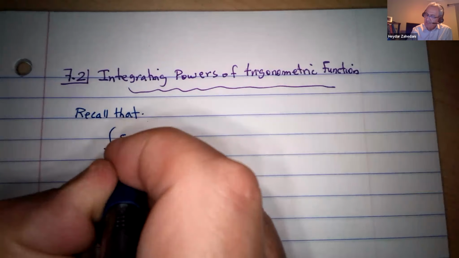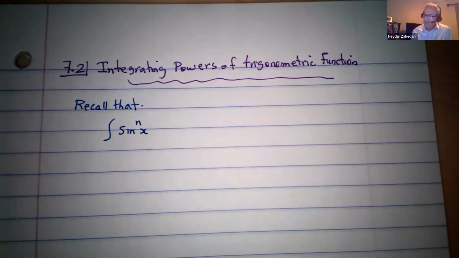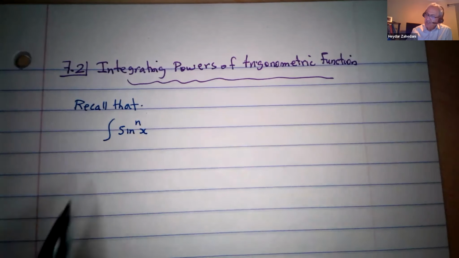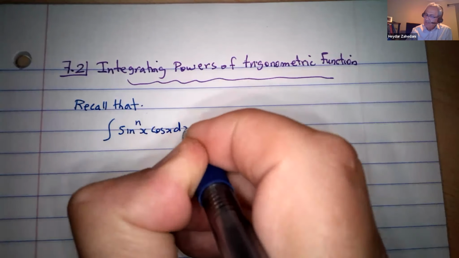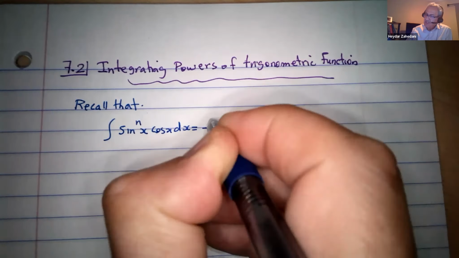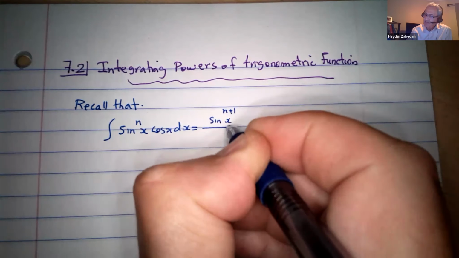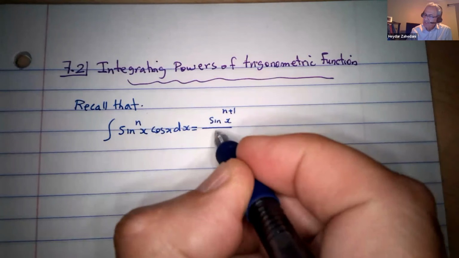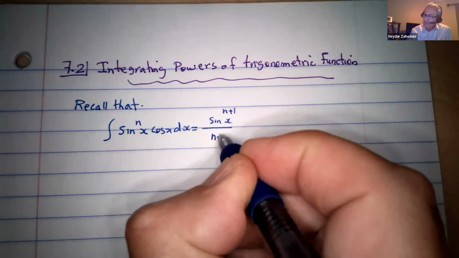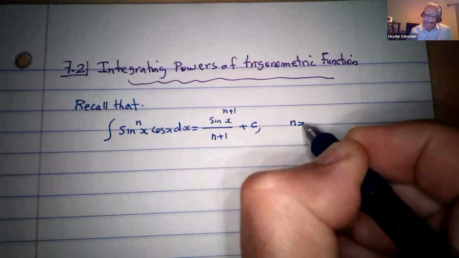If you have the integral of sine to the n of x, we call u equal to sine x, so it's u to the n, but you need the u prime. If there is a cosine x here, then by u substitution the result is sine to the n plus 1 of x over n plus 1, plus a constant c. Of course, n cannot be equal to negative 1.